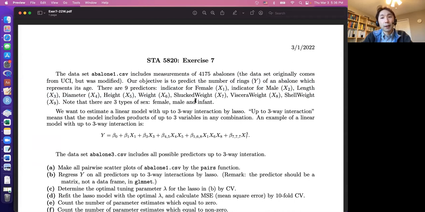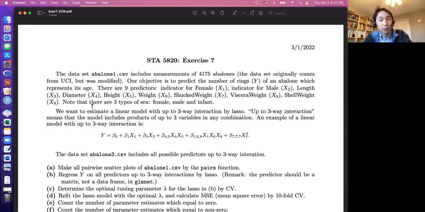As a factor variable, we have the indicator for female and the indicator for male. Others are numeric: length, diameter, height, weight, shucked weight, and visceral weight. I'm not exactly sure about shucked weight and visceral weight, but they are the weight of some specific part of the abalones.